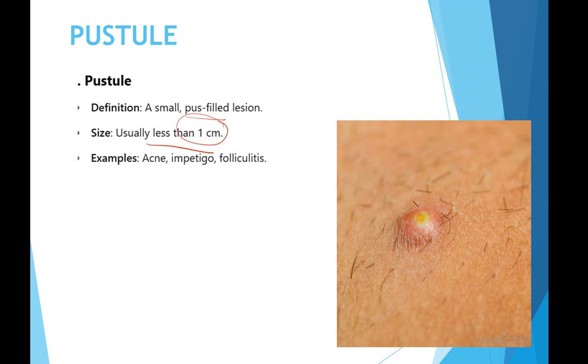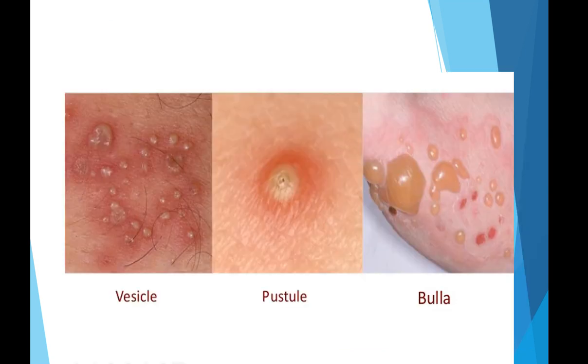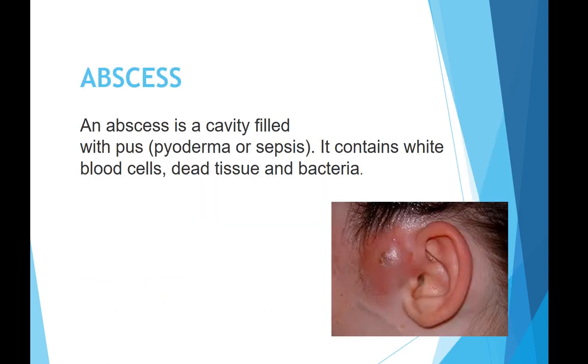Pustules you can find in acne, impetigo, and folliculitis, and it's very common. So we have a single picture with three conditions. This is a vesicle, which contains fluid, this is a pustule that contains pus, and both are less than 1 centimeter, or more appropriately around 0.5 centimeter or less, and this is a bulla that is a large lesion with clear fluid.